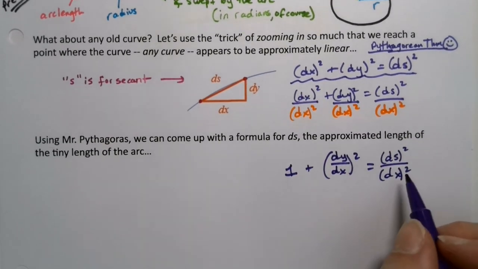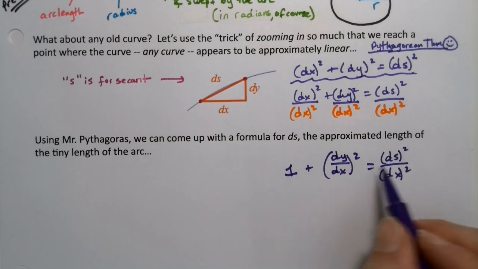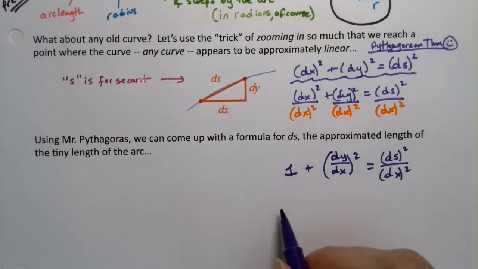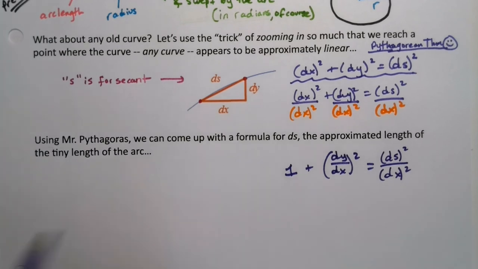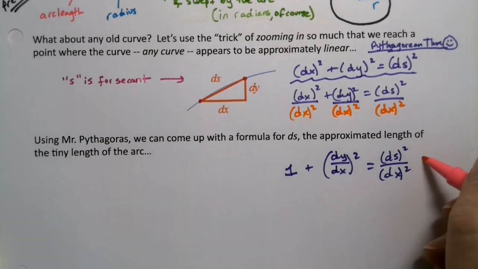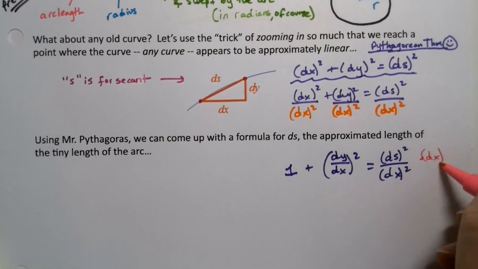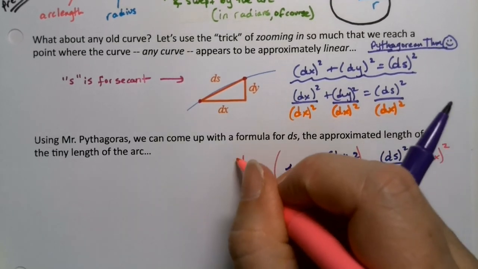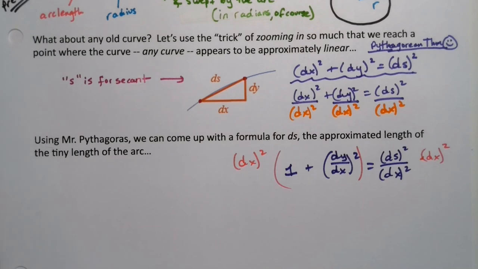All right, so if this is true, I want to solve this for ds. So I'm going to get ds by itself. I'm going to do myself a favor and multiply both sides by dx squared. I know I just divided it in, but I can do whatever I want.